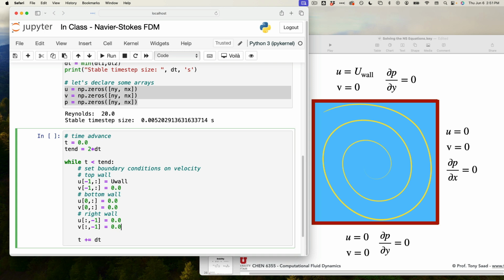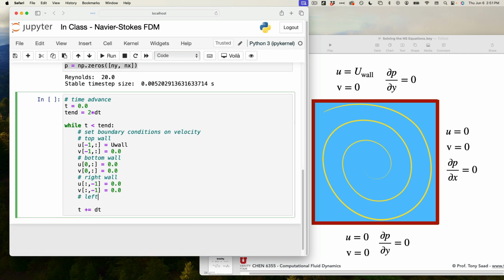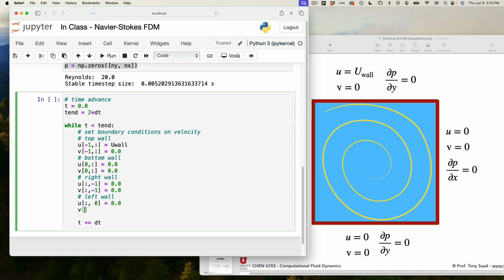We're taking the last index in the x direction. And finally, on the left wall, first index in x, so this would be u semicolon 0 is equal to 0.0, and v semicolon 0 is equal to 0.0. Okay?